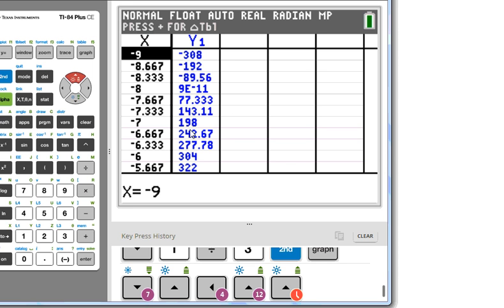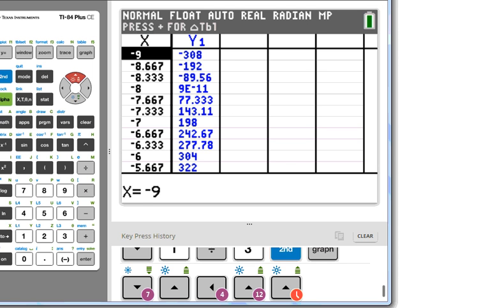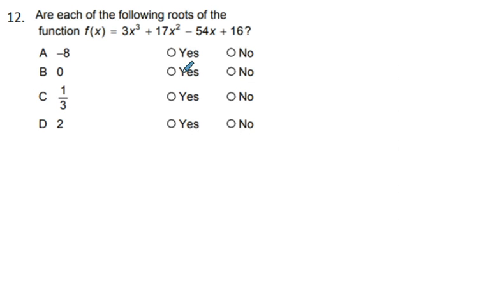So yes, our answer for this one is going to be yes. 0 is a no. 1/3 is a yes. And 2 is a yes. Because we have a cubic function here, we only have a maximum possibility of 3 of these being correct.